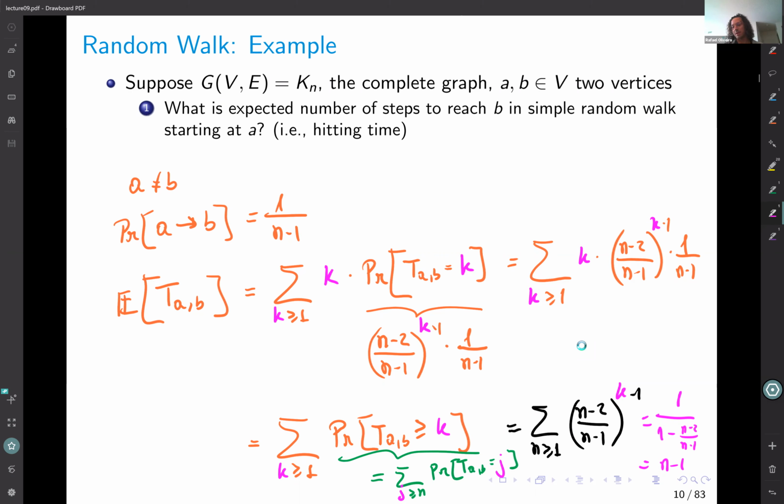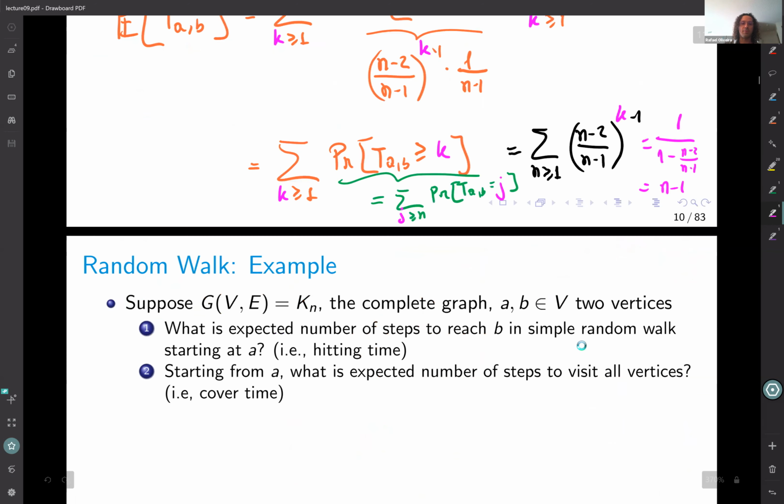That's exactly n-1, because every time my success rate is 1 over n-1. Does that make sense? So we could have thought about it in that simple way as well. Anyway, that's one result that we already saw before.